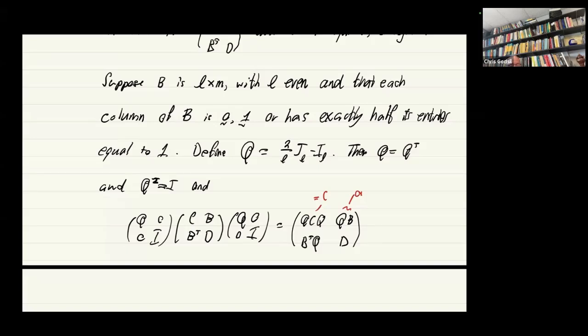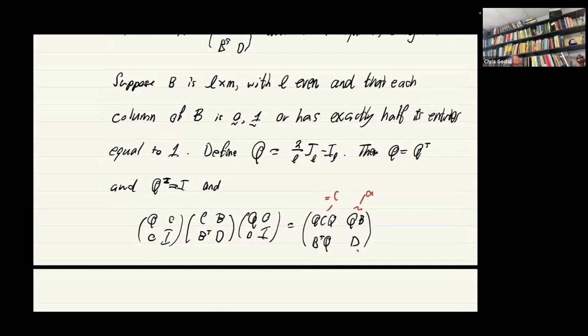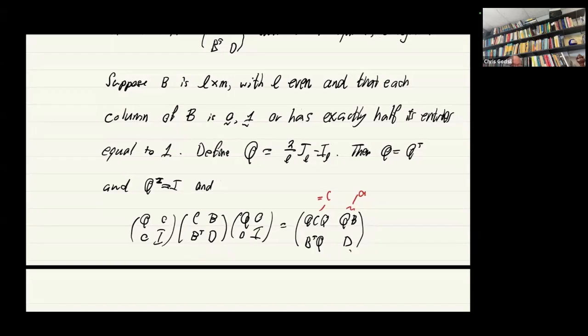Now, C is regular, so QCQ is just C. And QB is going to be a 0, 1 matrix, and its transpose is B transpose Q. So this is the adjacency matrix of a graph, and this is the adjacency matrix of a graph, and those two graphs are cospectral. Also, because Q times the all ones vector is the all ones vector, it follows that this matrix commutes with your ones matrix, and so we get that the complements are cospectral.